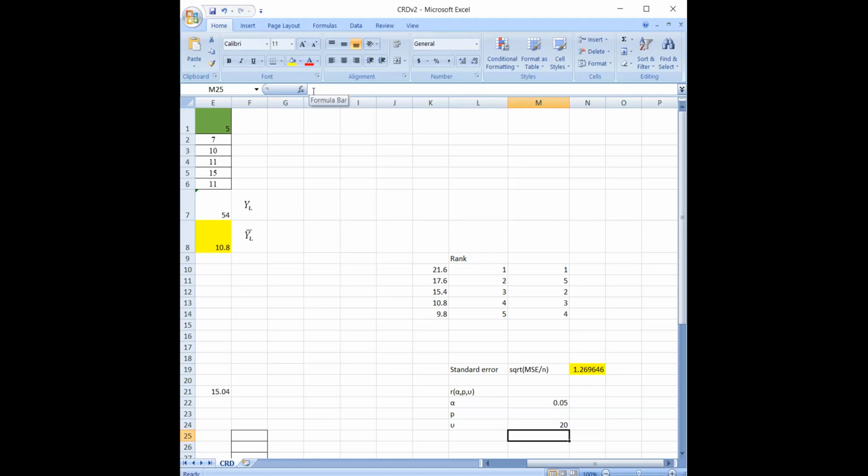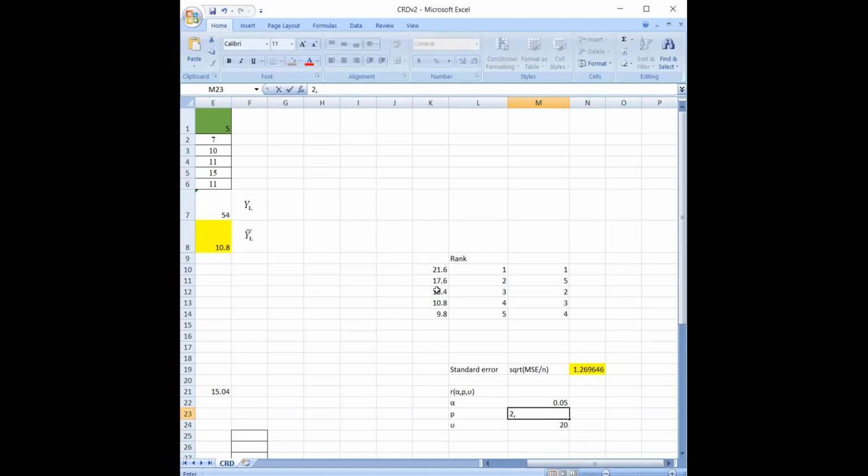Let's check what the possible values for P are. When you compare any two consecutive means, the gap is equal to 0. If the gap is 0, the smallest value that you can consider for P is 2.